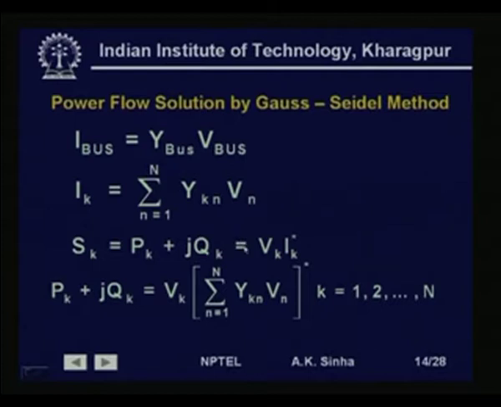This we had already seen, and if we want we can replace this I k here, then we have P k plus j Q k is equal to V k times summation Y k n V n, n is equal to 1 to capital N, the conjugate of this, for all the bus bars, that is k is equal to 1 to capital N.